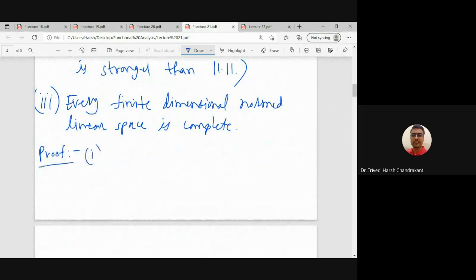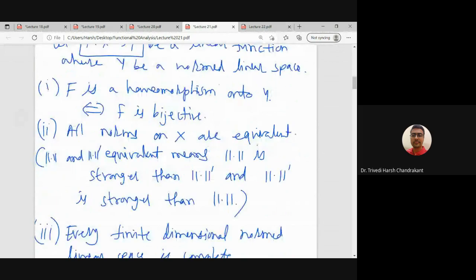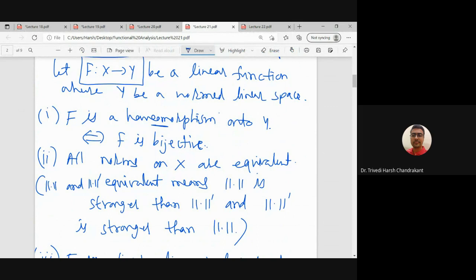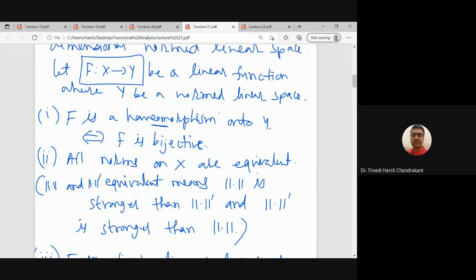So first part is that if our domain is finite dimensional, right? X is finite dimensional, and we have homeomorphism if and only if f is bijective. So one part is trivial, that if f is a homeomorphism, which means we know that it is an injective function and it is also onto, then it is always bijective, right?